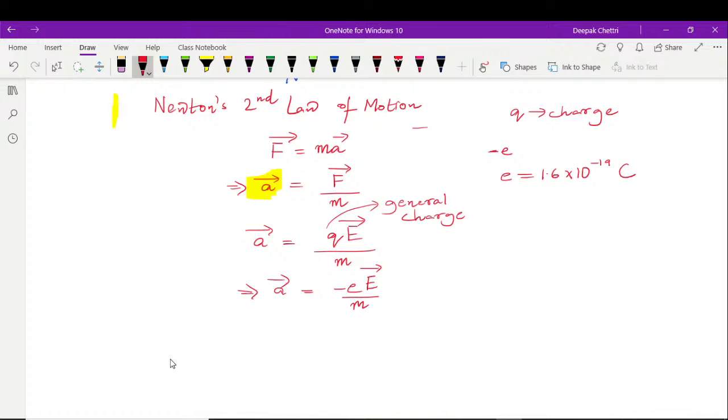Just like the value of pi is 3.14, e is just an alphabet used to represent this number 1.6 into 10 to the power minus 19, and we know charge of electron is negative, so that is why we write minus e. Clear now or still doubts?